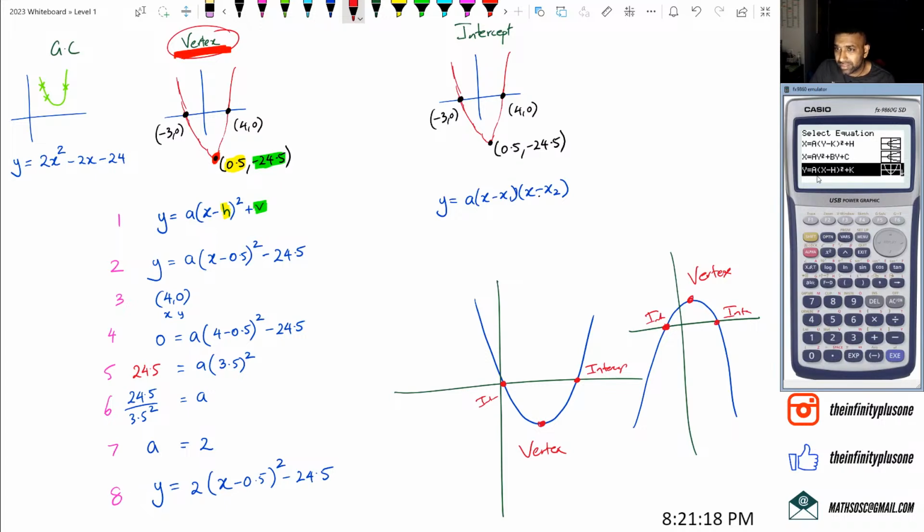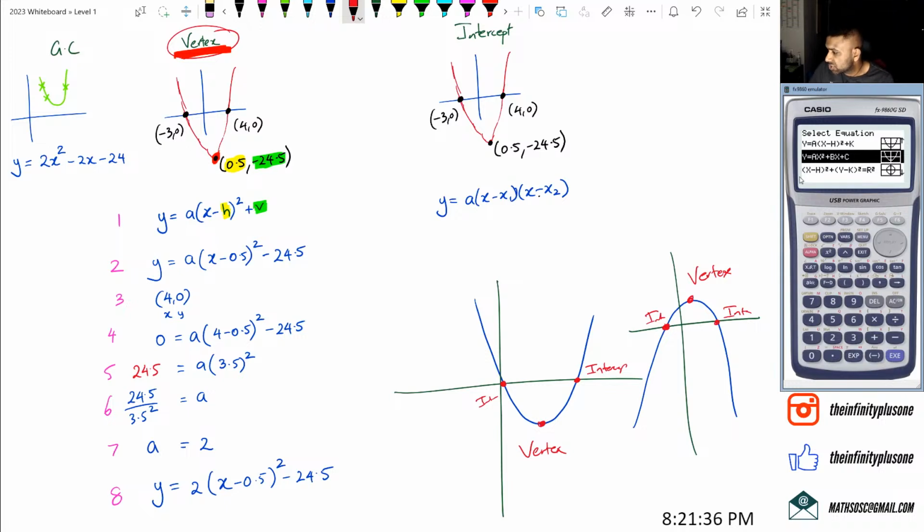And if you ever forget the formula, you can just copy it from there because it's actually in your graphics calculator. So notice how there's two equations, right? Both of them are the same, but one of them is in this format and the other one is in this format here.